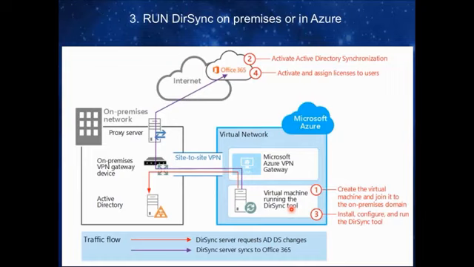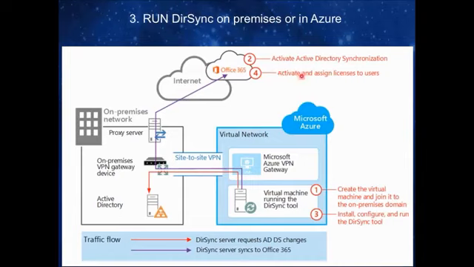It will also have the possibility today to sync the password hashes up to Office 365 so you can achieve single sign-on. After the synchronization, you activate and assign licenses to those users with different plans inside the Office 365 license.